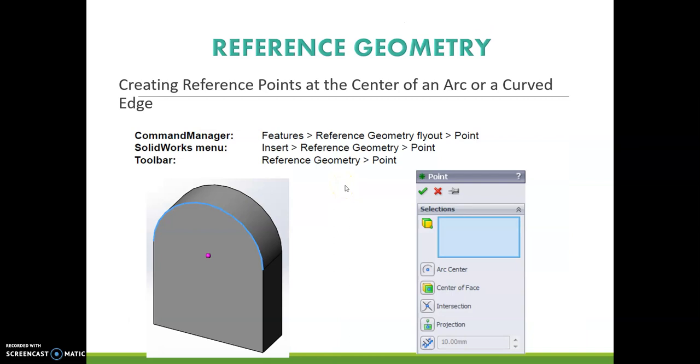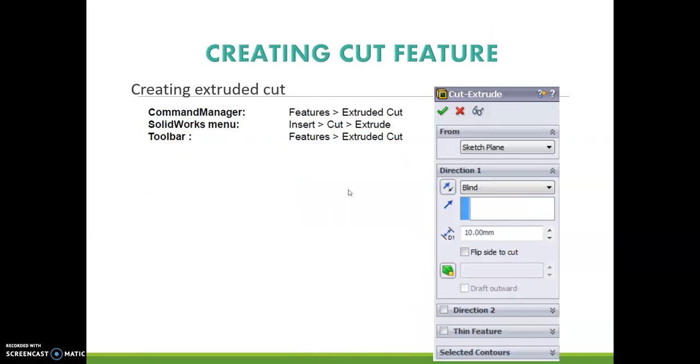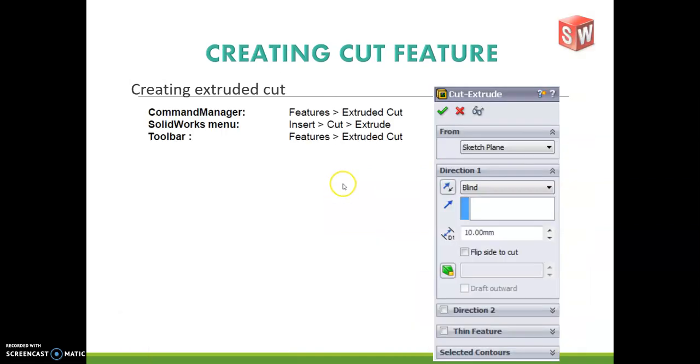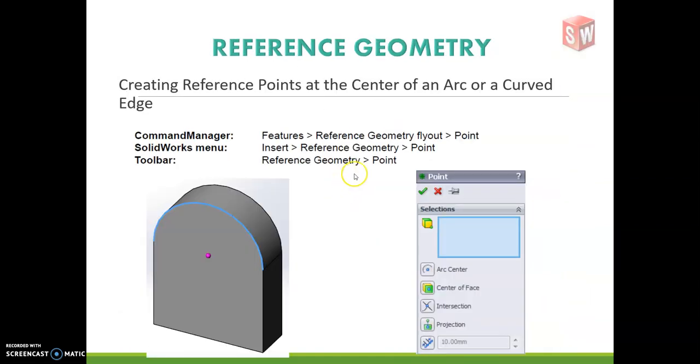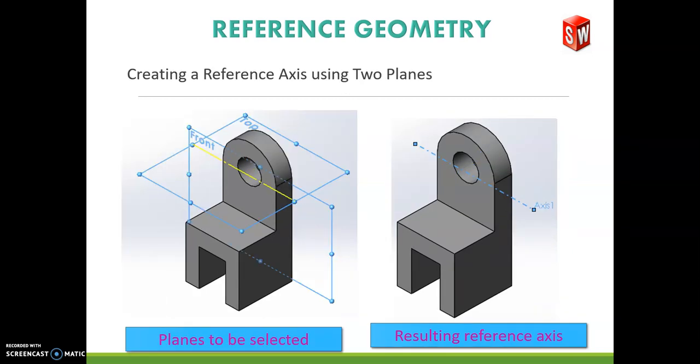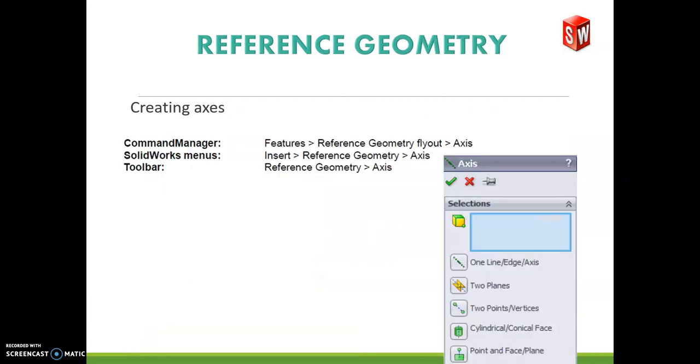If I'm going to show everything, it will be very difficult because it depends on your drawing and how you want to use that reference geometry. If you need a plane, then you have to draw the plane, and if you need points or axis, you can select based on that for you to do the drawing.